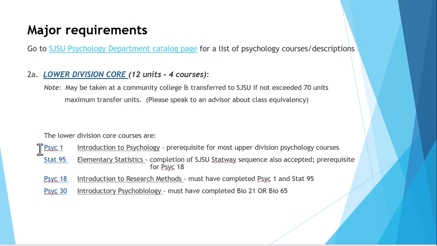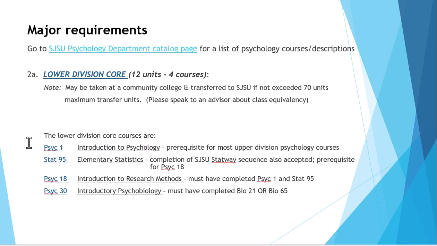The reason I say the biology class is high priority is because it is a prerequisite for our last lower division course, which is Psych 30. That's our introductory course in psychobiology. So in order to enroll in Psych 30, you have to have already completed either Bio 21 or Bio 65.